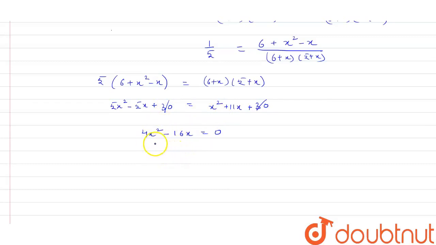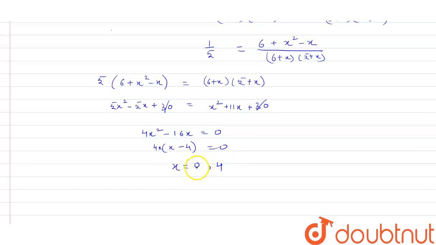Alright, so from here you can see 4X is common, so here it is X minus 4 equal to 0. So the value of X will be 0 comma 4, right?